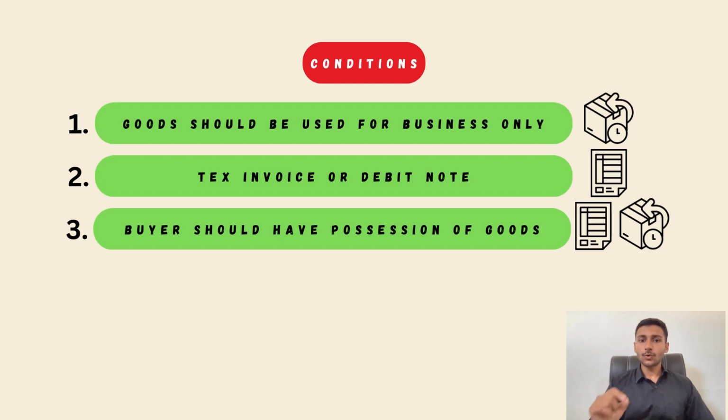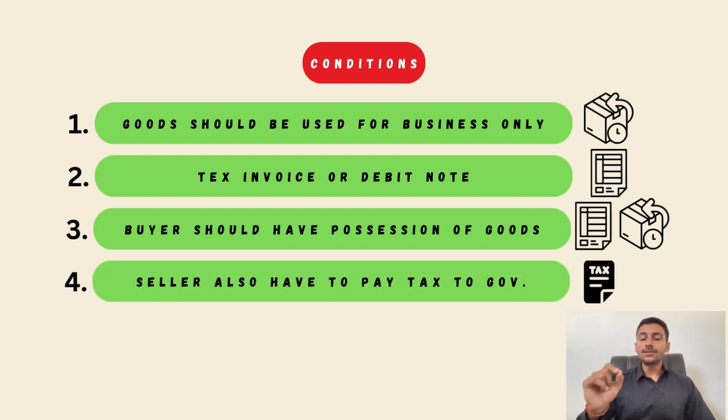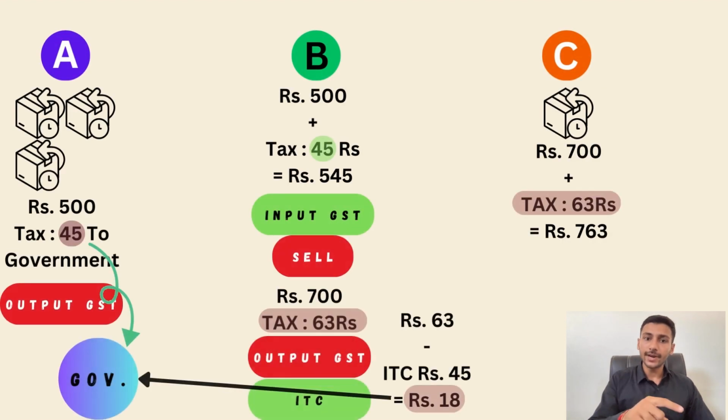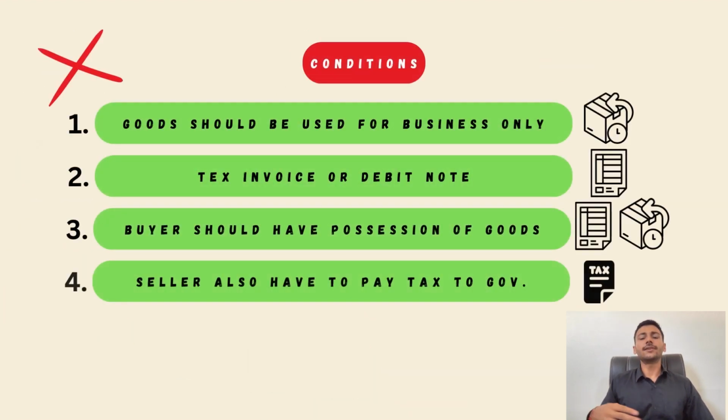And fourth and the most important condition is, the seller from whom we buy something, in that example A, should pay the tax to the government. Only if A has paid that 45 rupees to the government can we reduce that 45 rupees. If A didn't pay any tax to the government, then we can't take that input tax credit.